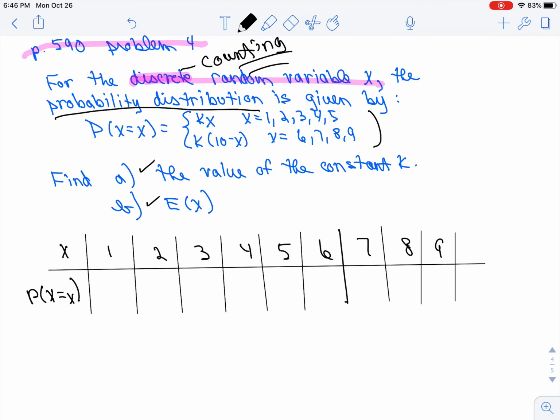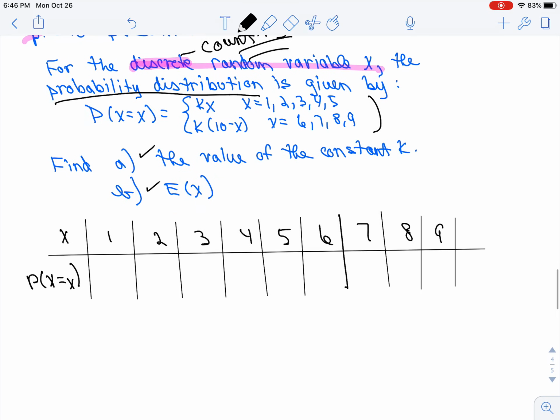So since they're giving us the probability distribution formula, what we'll do is fill in the probabilities, the probability distribution in this row. So this says if x is equal to 1, 2, 3, 4, or 5, we're going to use this formula. Now notice, the first one, x is 1, so we sub 1 in for x. X is 2, so we sub 2 in for x.